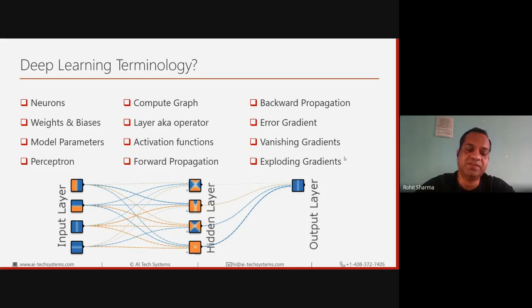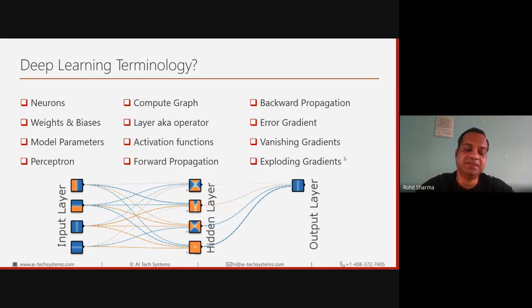For example, if you have a convolution layer, you might need to know what kind of filter, what kind of dilation, and what kind of groups you have. So each of these operators and layers would need more information, and those are collected in something called model parameters.